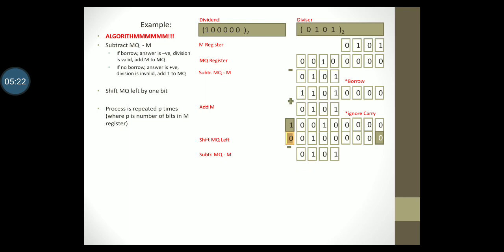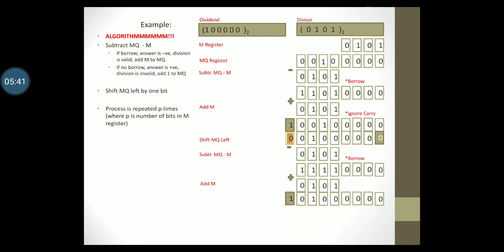We get this. Notice that we require a borrow during the subtraction. Therefore, as per step 1 of the algorithm, we need to add M to MQ. So go ahead and add M to MQ. We get the answer as this. Notice that there is a carry.